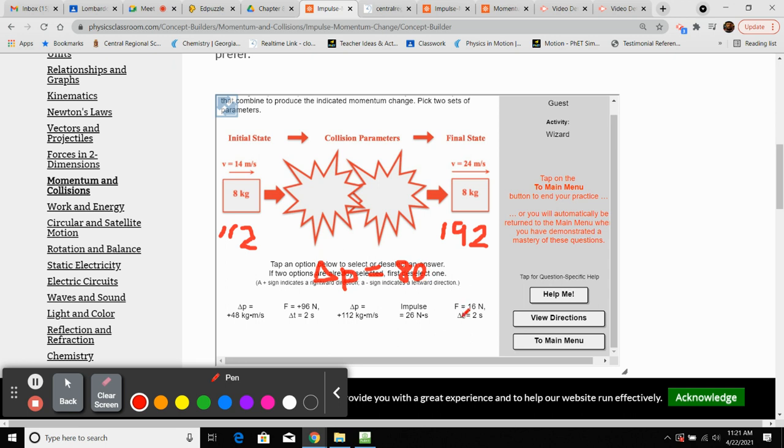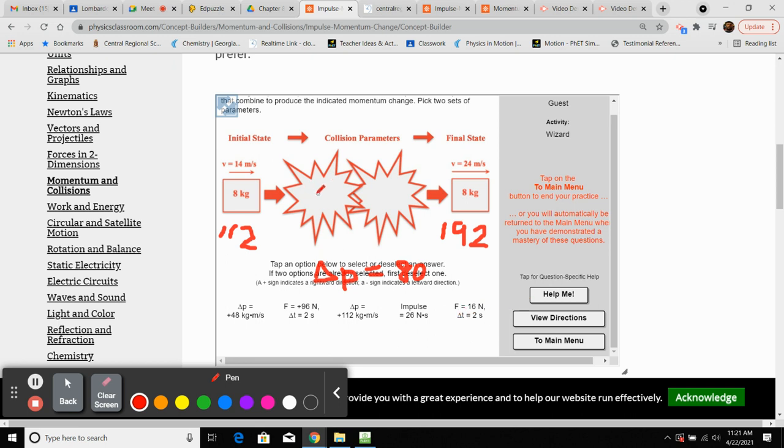All right, so now we need to figure out, there's like 2 collisions that you're going to have to add up to that. So what's 16 times 2? 32. What's 32 and 48 equal? 80. Okay. So let's try that.